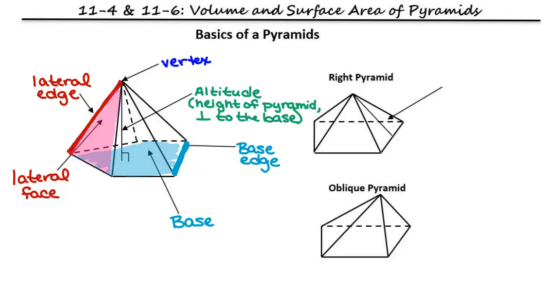The lateral faces are all triangles. The base of each of these triangles touches the base of the pyramid, and the vertex of the triangles form the vertex of the pyramid. The lateral edges are where the triangles touch each other, and the base edges are where the triangles touch the base.